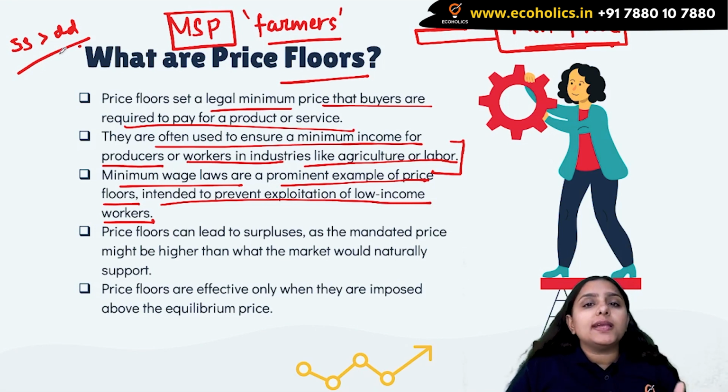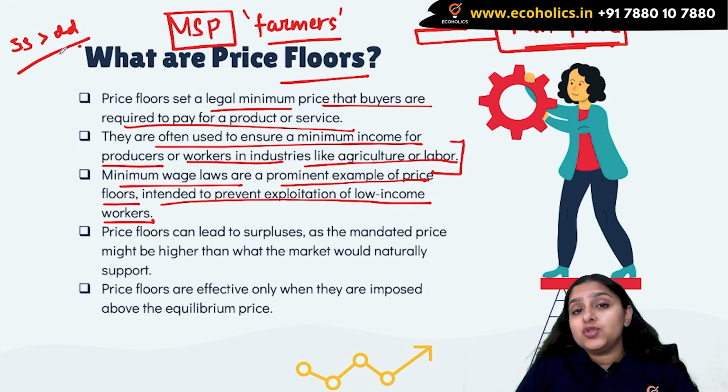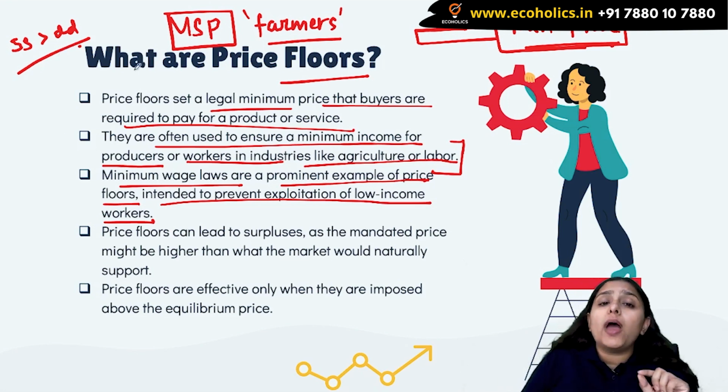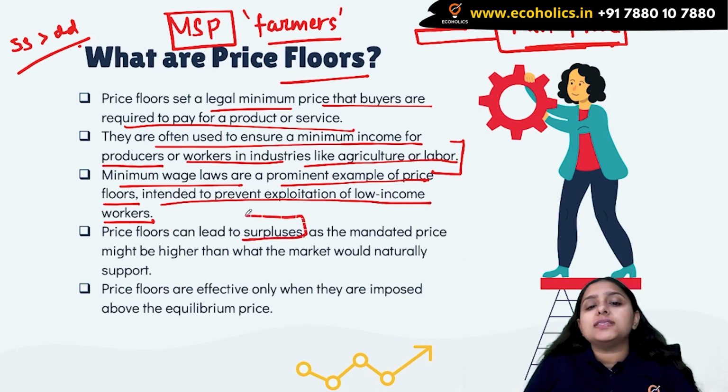Now government came and said that no, you need to pay 120 rupees per day. So what will eventually happen in that case? At 120 pay, supply of workers will increase, more people will be willing to work, but since the wages have increased, the demand for workers will come down. So at the price floor, supply is always greater than demand, and it means there is always a surplus on the supply side.